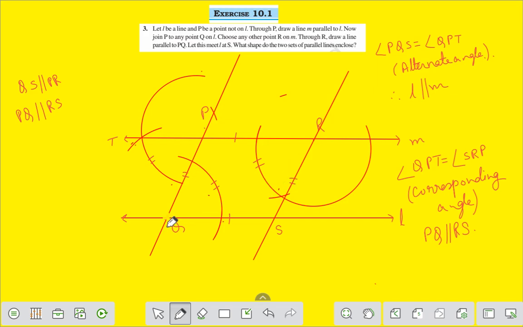Therefore, you can say that PQSR is a parallelogram.